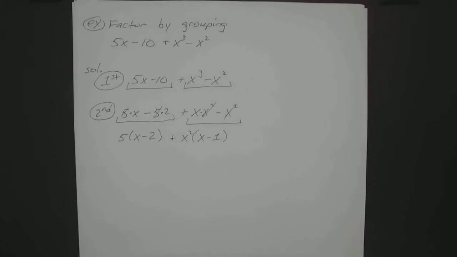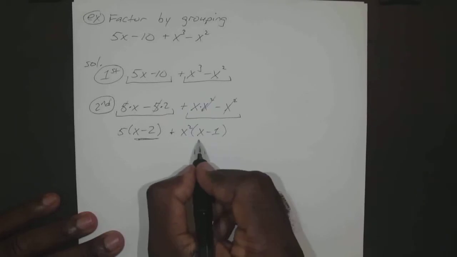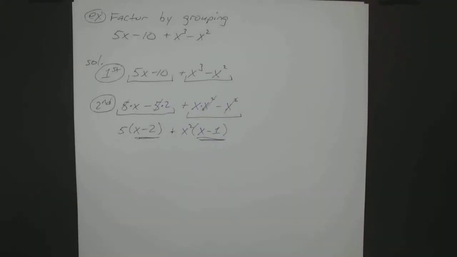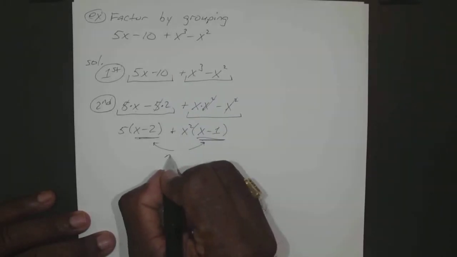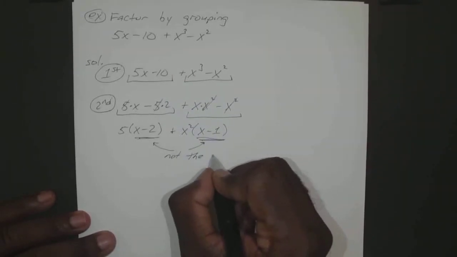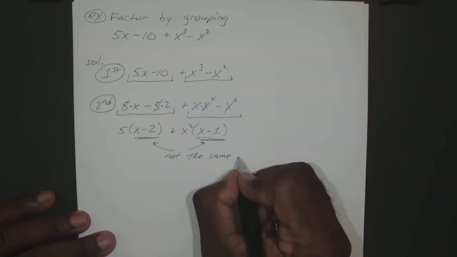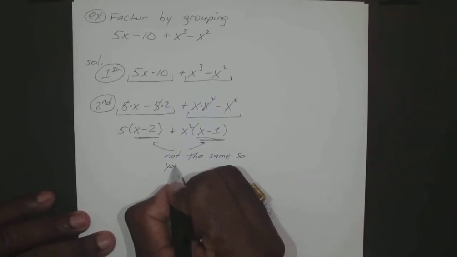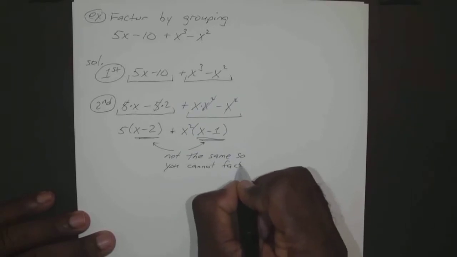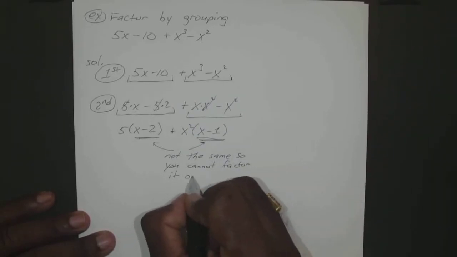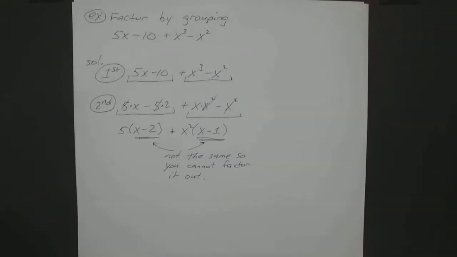Okay. Now the reason this doesn't work is that if these two are not the same, you can't factor it out. Okay, so that means we're going to have to rearrange it and try again.